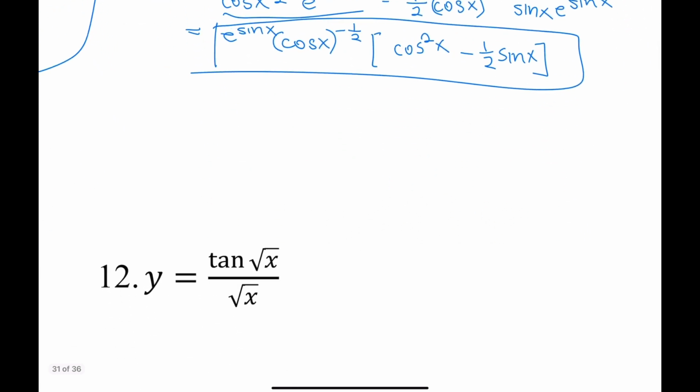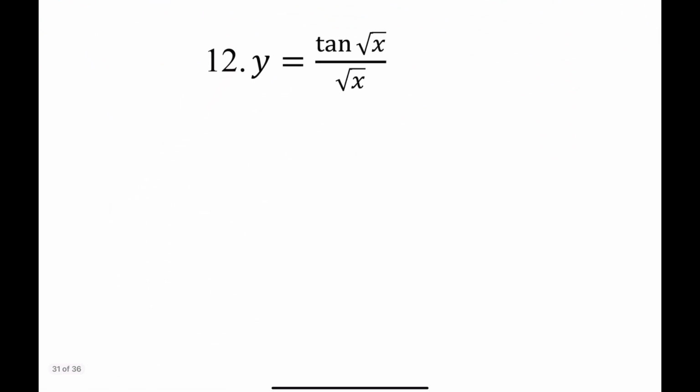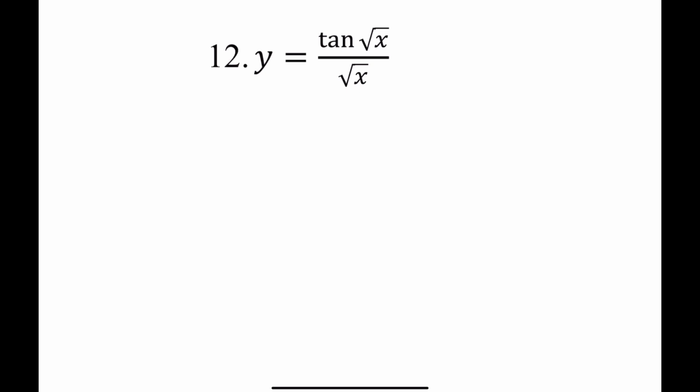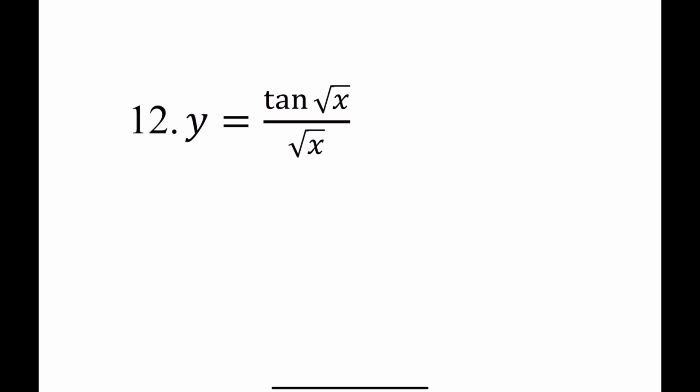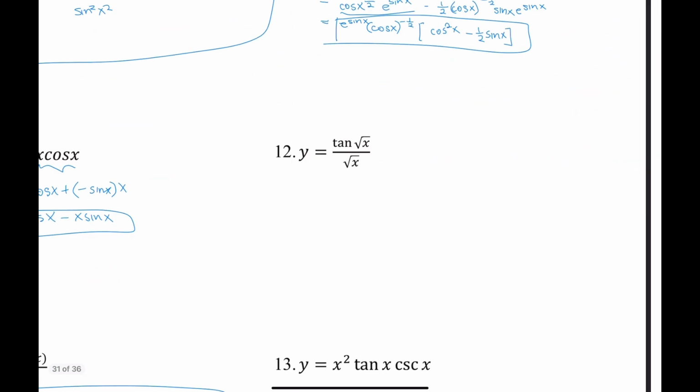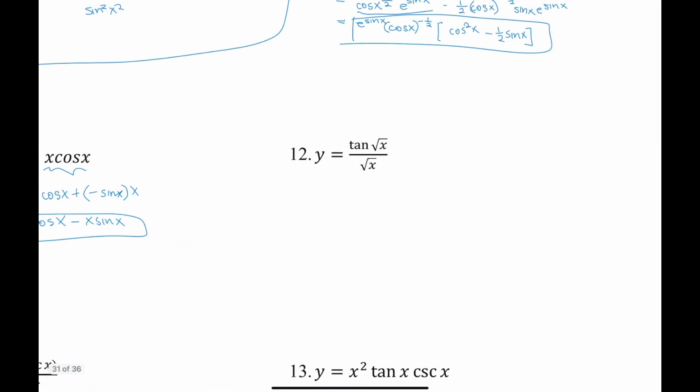And then number 12, it's asking for y equals tangent root x over square root of x. So for this one, we can try to make it a product rule thing, because I feel like quotient rule is a little bit more complicated. Yeah, so we can do quotient rule.